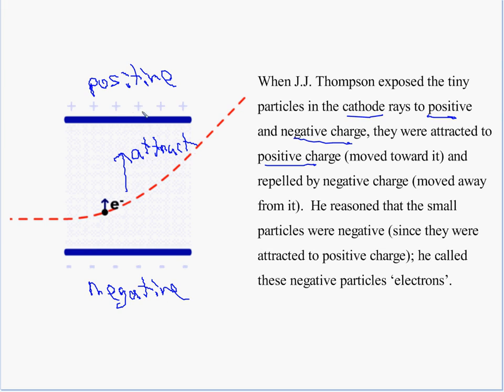Oh boy. So positive, I know opposites attract, so this has to be negative. And repelled by negative charge. He reasoned the small particles were negative. Yes, just said that. Since they were attracted to positive charge. He called these negative particles electrons.